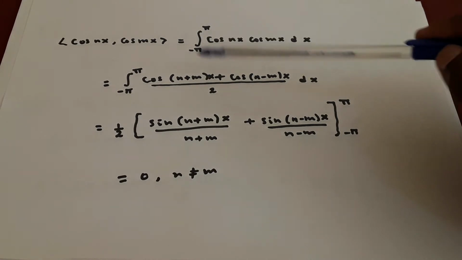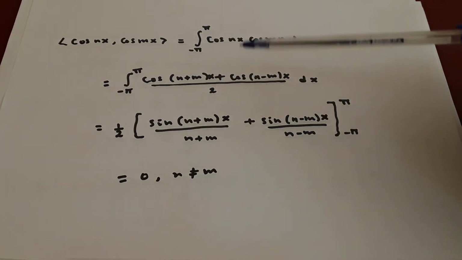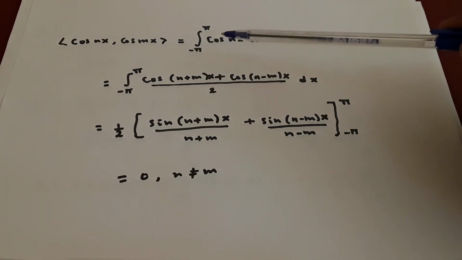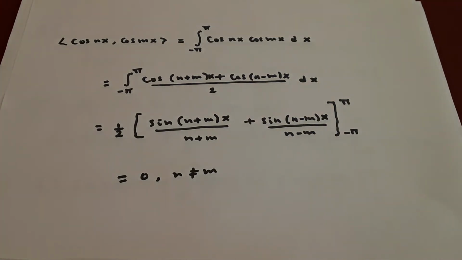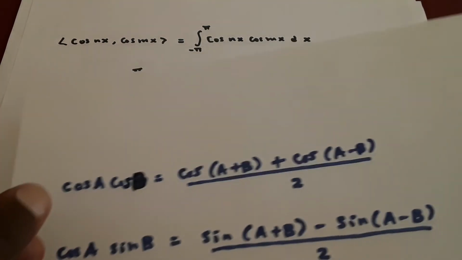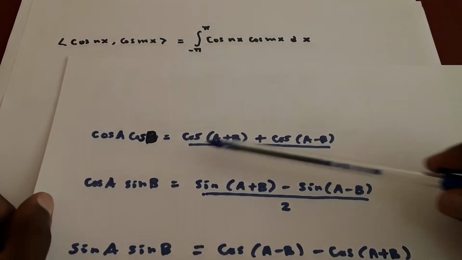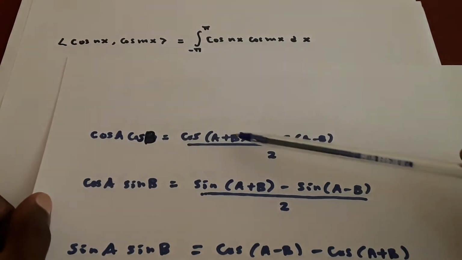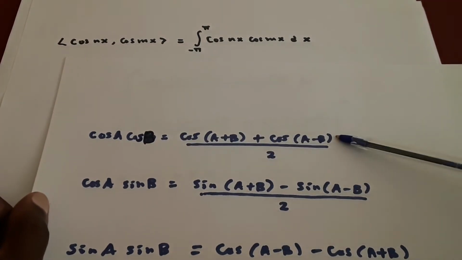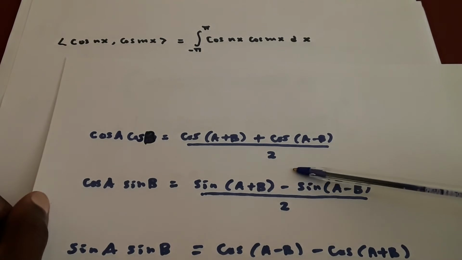It's not hard to integrate here. You can use the trigonometric identity cos a cos b equals cos of a plus b plus cos of a minus b, over 2.